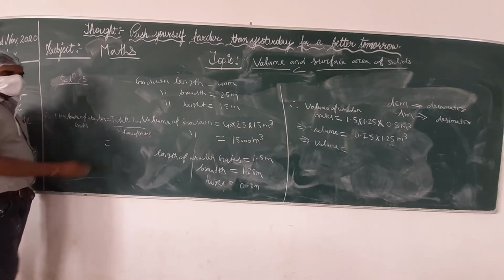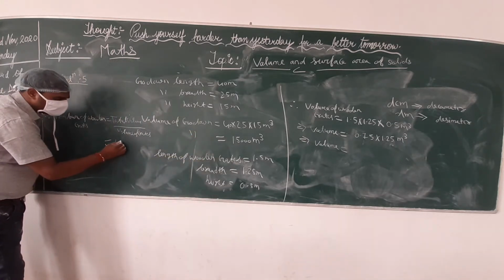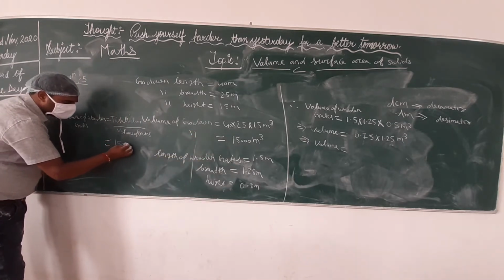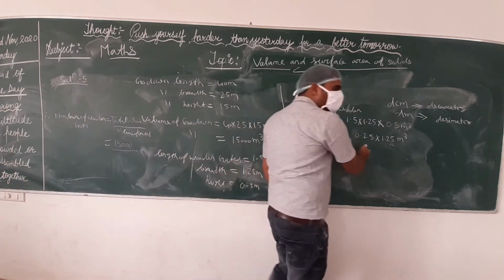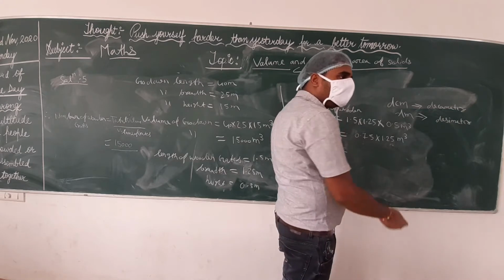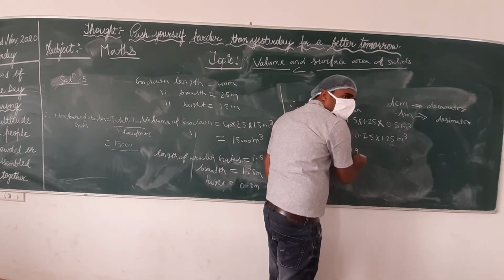See that the total volume is 18,000, divided by this. You have to calculate it, 0.75, 9.67.